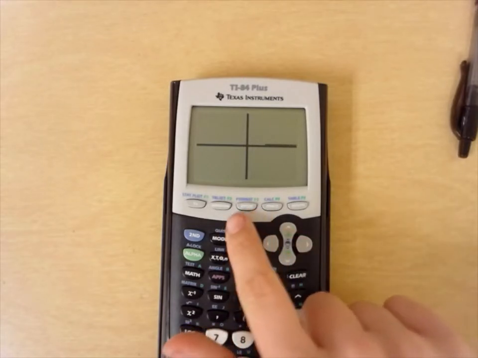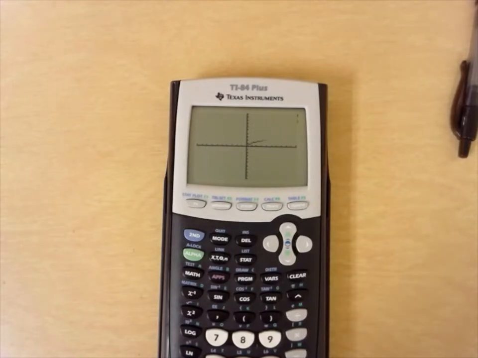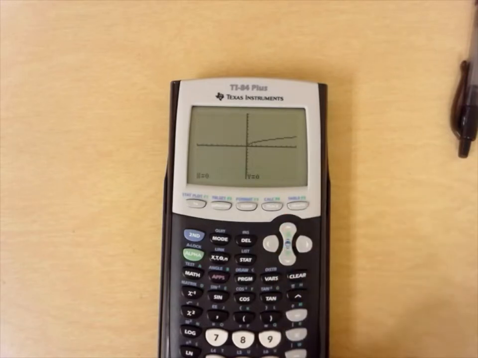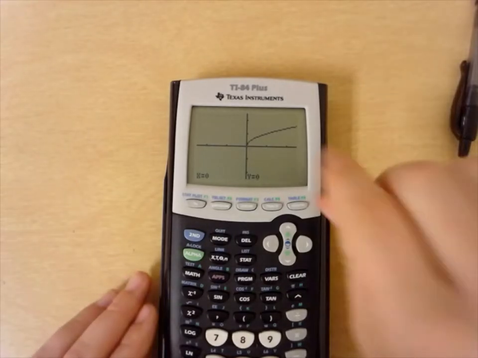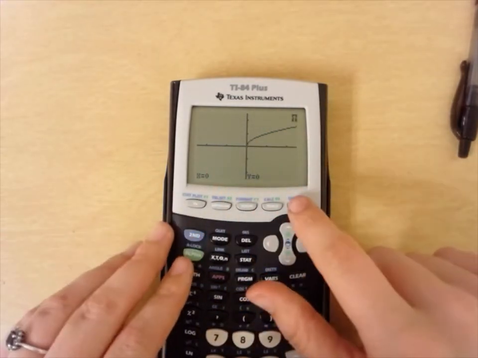Oh, I can see right away my scale is off, so we're going to press zoom 6. There we go, that looks a little bit prettier. And if I zoom all the way in, I can see what's happening. Now remember, this is only including my positive value, so let's make sure my table is representing what I need it to represent.